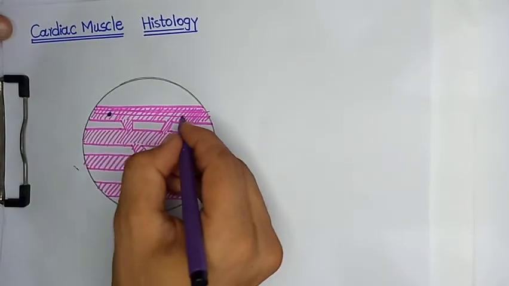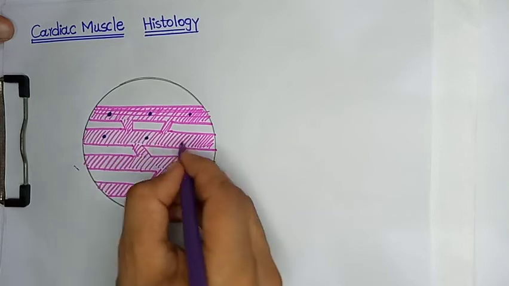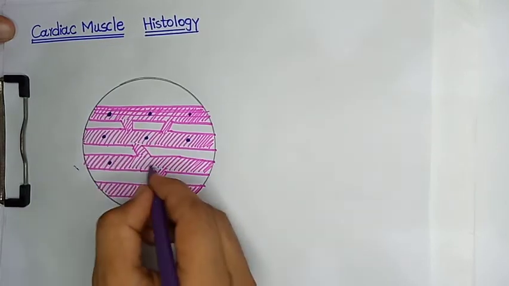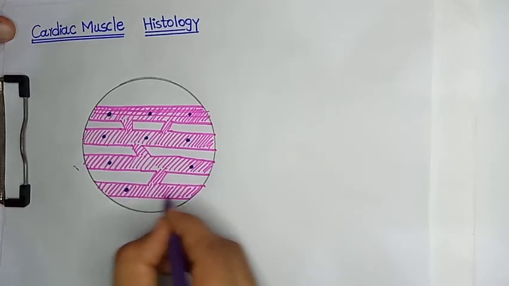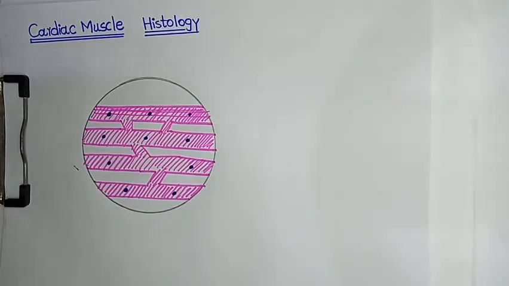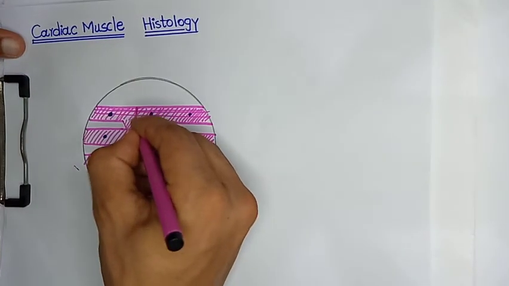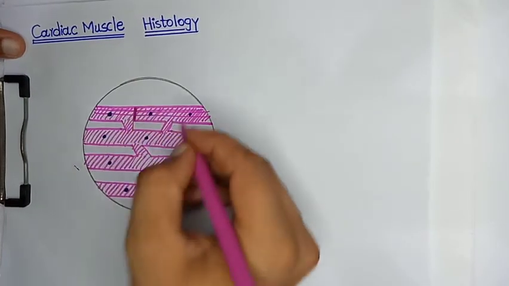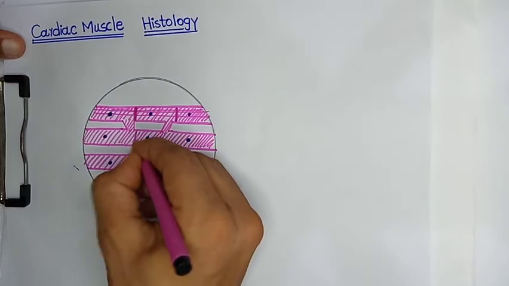Now we use pink color to make a nucleus. In cardiac muscle, nucleus is centrally placed in cardiac muscle fiber. This is nucleus, nucleus. This is also nucleus.